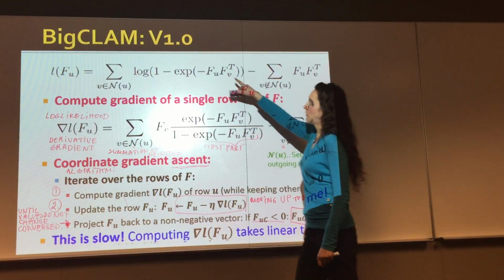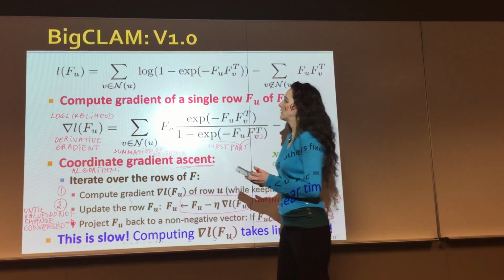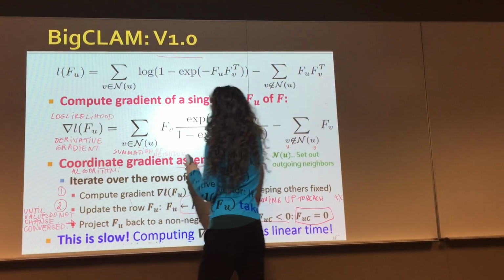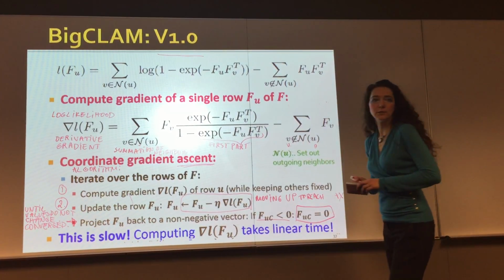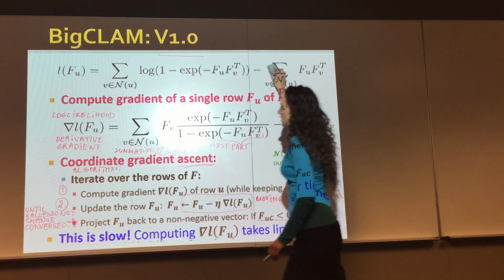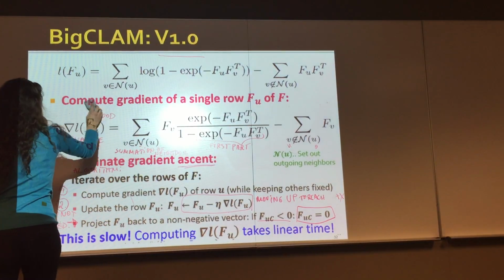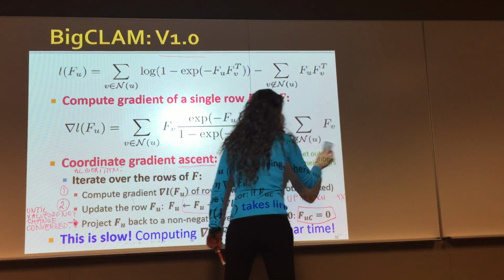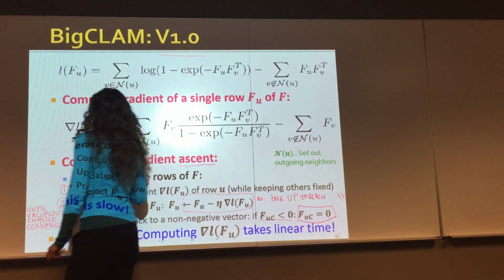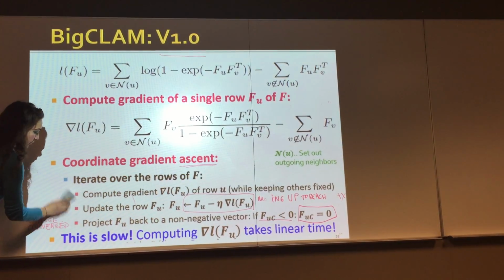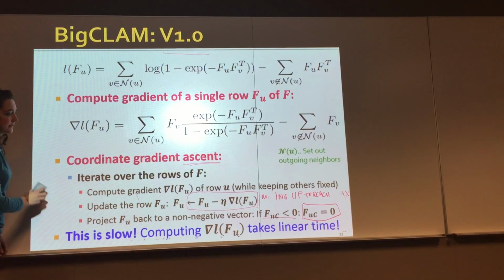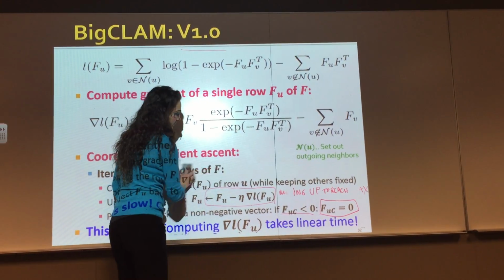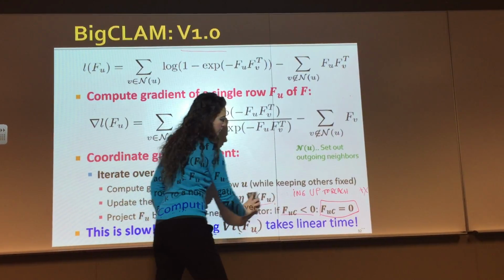So this is called version 1 of this algorithm for finding communities in large graphs. But this version 1 is very slow because its complexity is linear to the number of nodes or number of records we have in the data, and that is very slow.